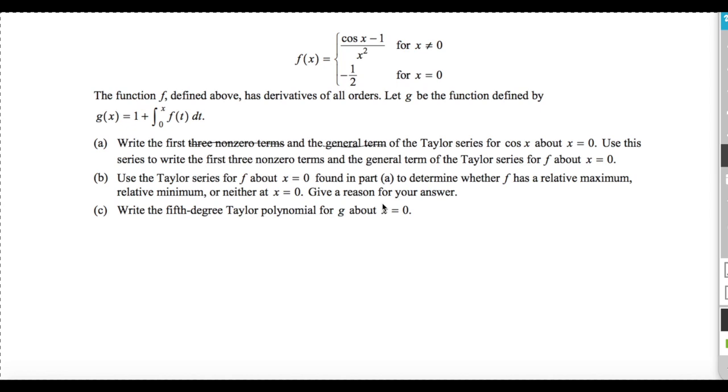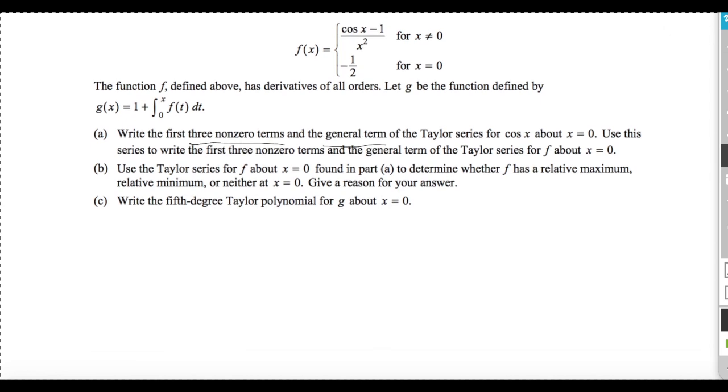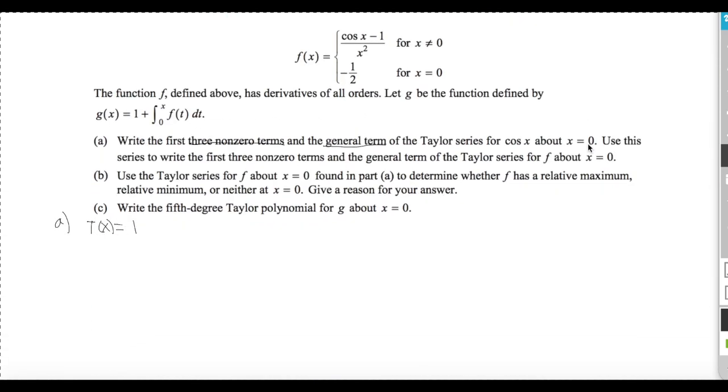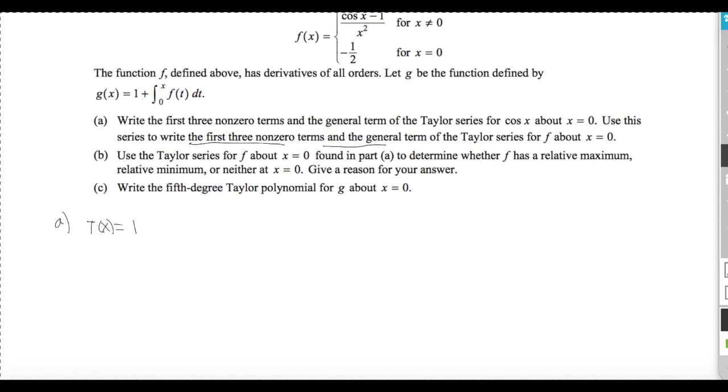So in part A, to actually do this, we can simply recall that the cosine of x Taylor series is going to be 1, and then, just to remind you, minus x squared over 2 factorial plus the next one, which is positive x to the 4th over 4 factorial.